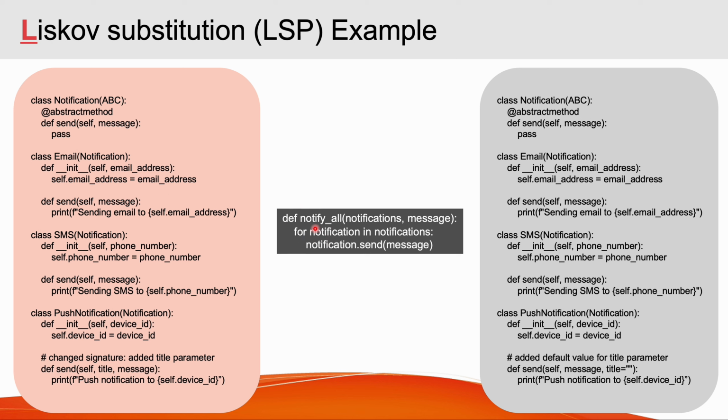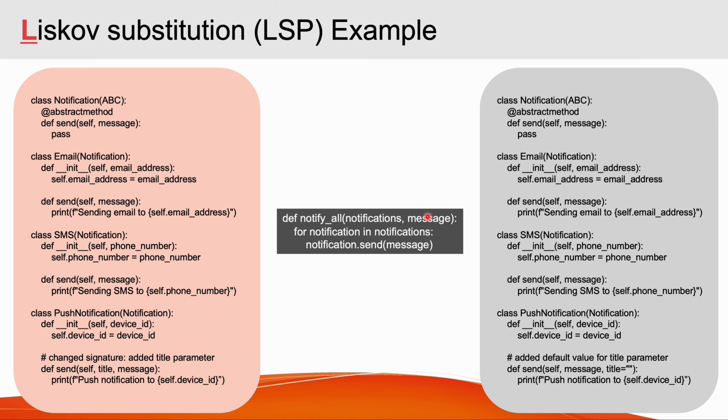Now if you see this function, which is basically using these classes, notify all, this method takes notifications, and notifications is nothing but a list of instances of email, SMS or push notification classes. So it can contain a universal list of instances coming from these 2-3 classes.